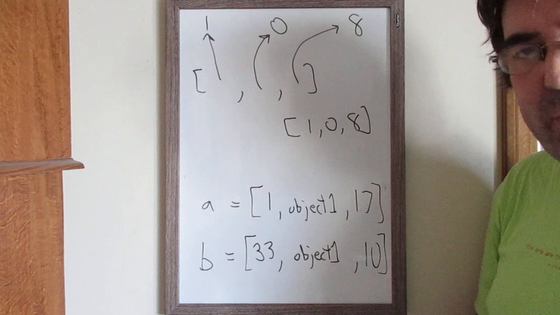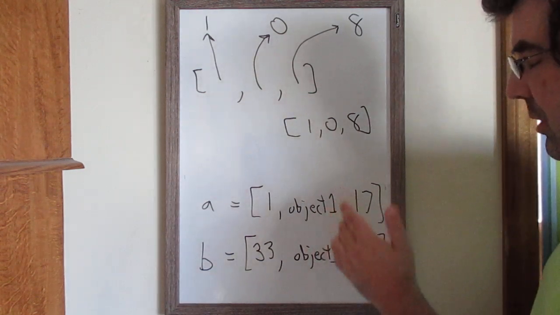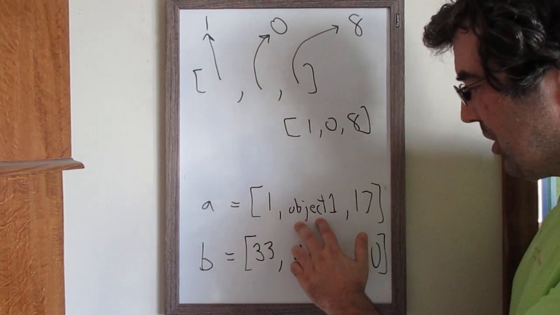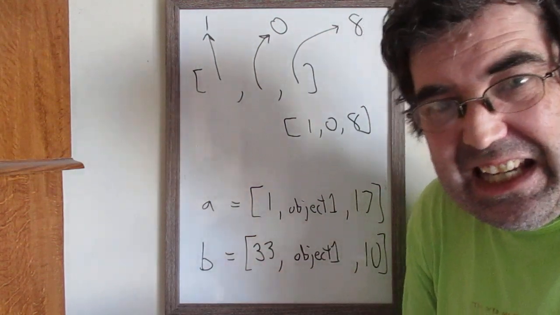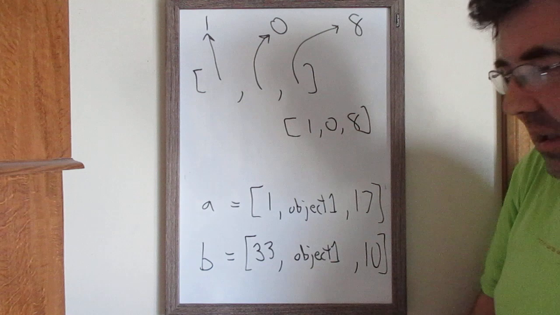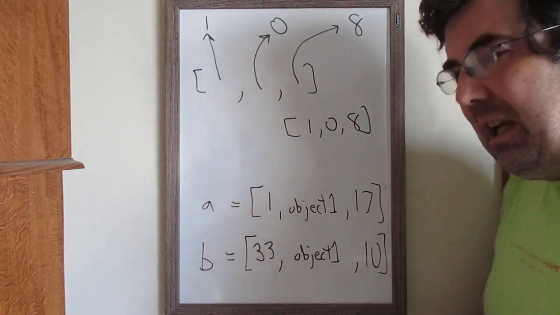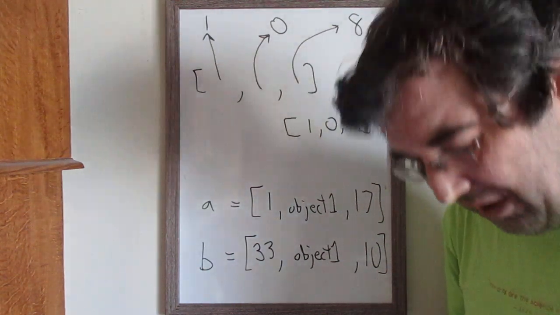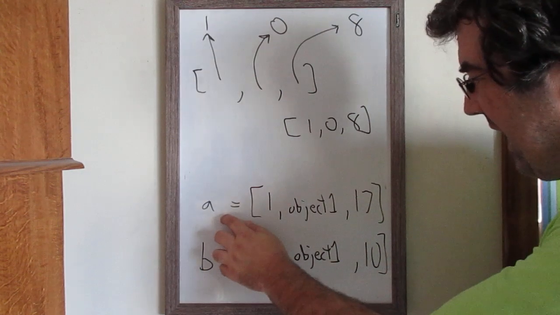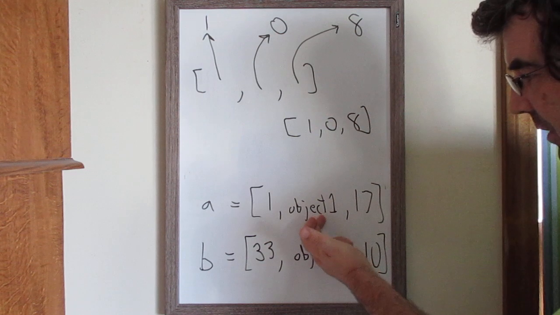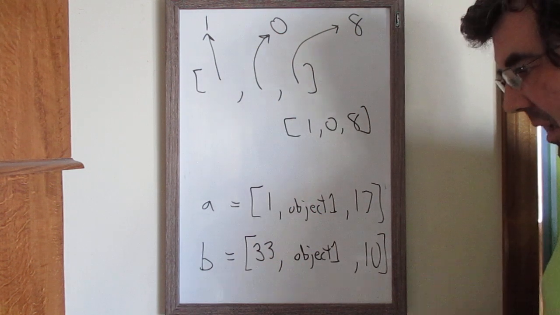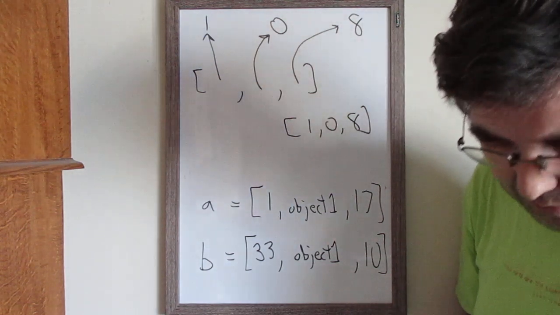So technically speaking, you cannot really say that object 1 is inside the array A. That's not exactly true. And object 1 is technically speaking not inside array B either. Rather, array A has a reference that gives us access to where object 1 is, and the same for array B.